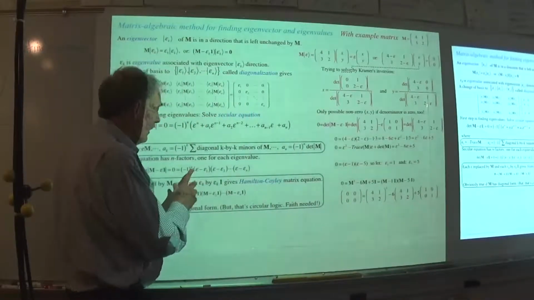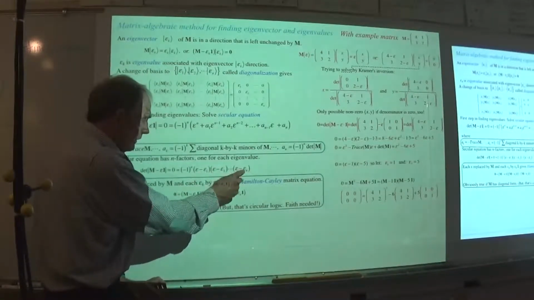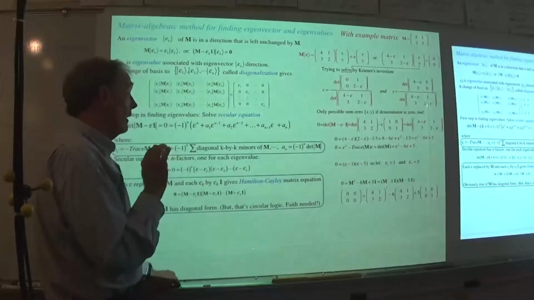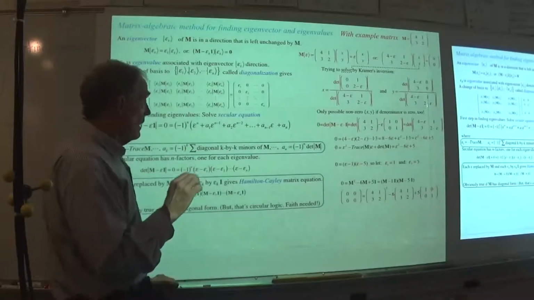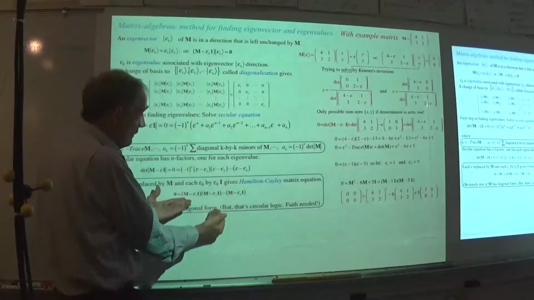That is, you replace every one of these numbers here by a number times the unit operator. So given that you factored this thing, you just write that down.